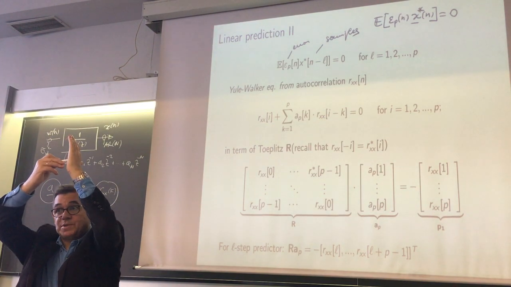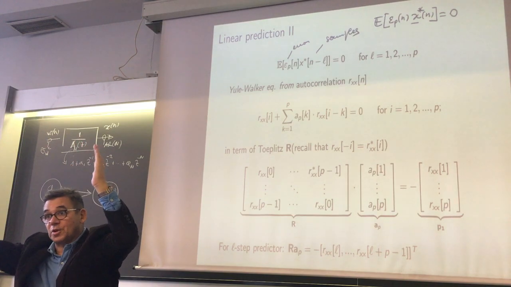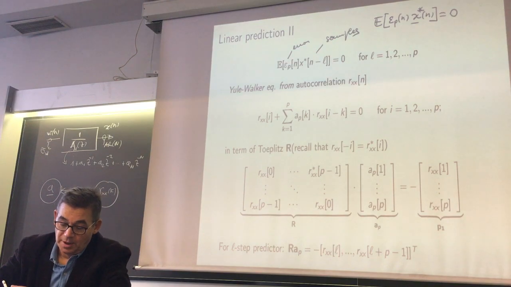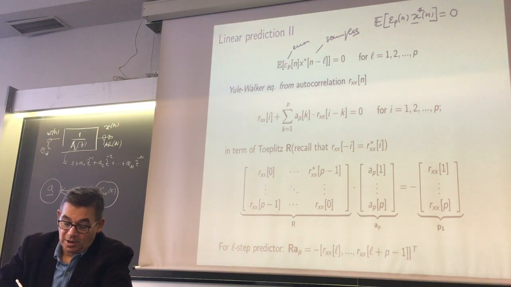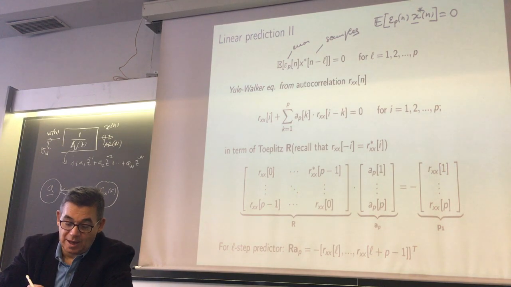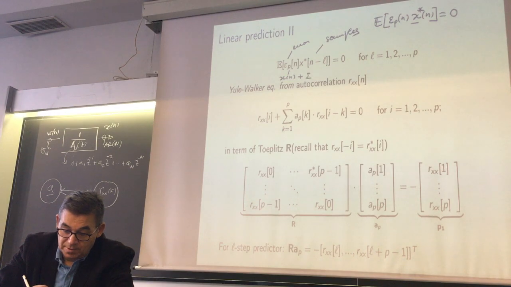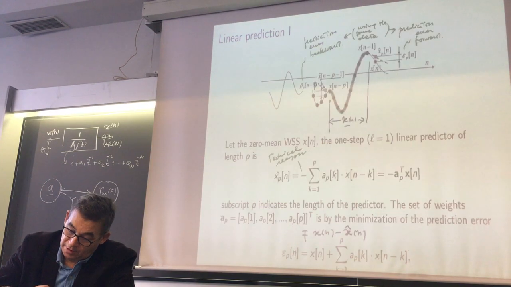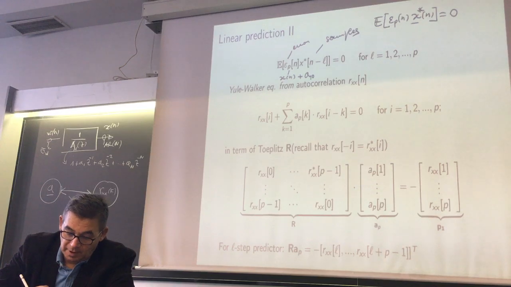That means that epsilon is orthogonal to the first sample, orthogonal to the second, orthogonal to the third, and so on, up to the p-th sample. Now, if I put in the information, what is epsilon specifically? Epsilon is x n plus a0 plus a p transpose x n.